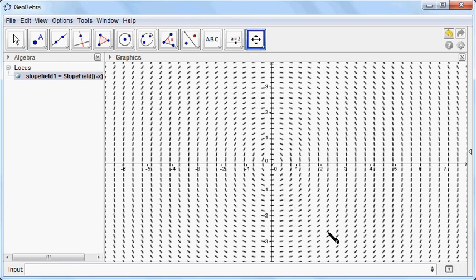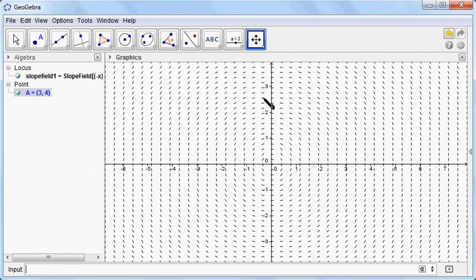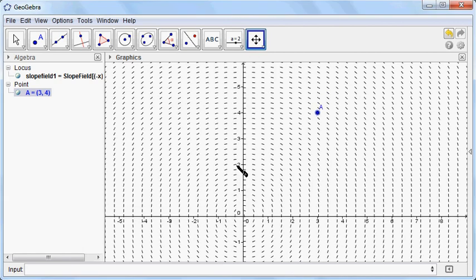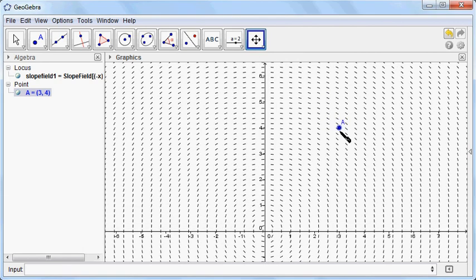Whichever solution you want, you have to follow the flow. We need to go through the point 3, 4. Let's see where this 3, 4 is. I have to move a little bit here. All right, this is the point 3, 4, and we wanted to find the solution that passes through this point.